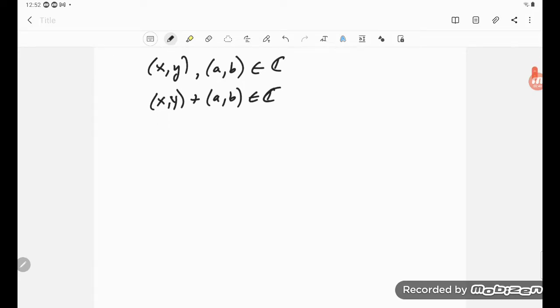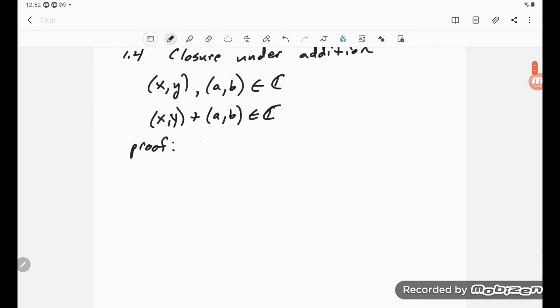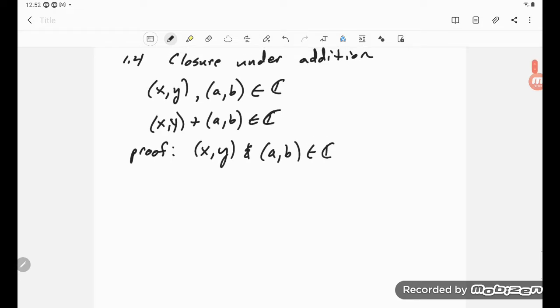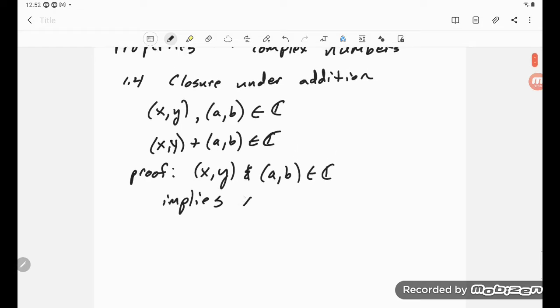Okay, so what we have, if you want to look at a proof of something like this, so xy and AB, elements of complex numbers, well, that implies that x, y, a, b are all elements of the real numbers.